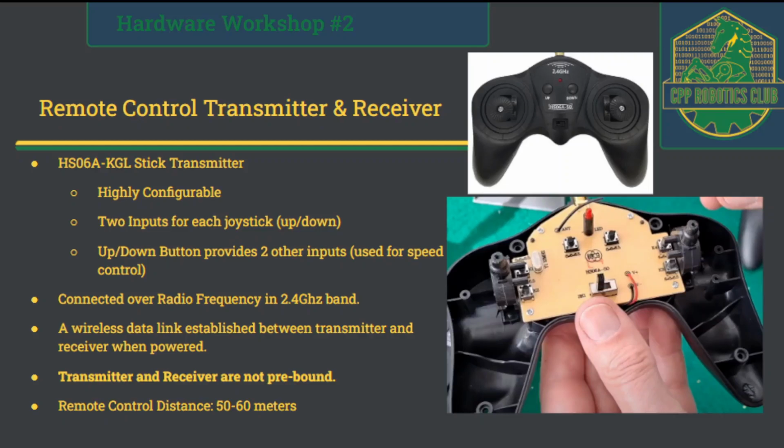You basically have two input joysticks, one on each side, and each joystick can do up and down, and then sits at the rest level. The up and down stick in the middle we would use for speed control, again a PWM concept, and the two sticks on each side will control the directions of your car, whether to move forward, backwards, or left and right.